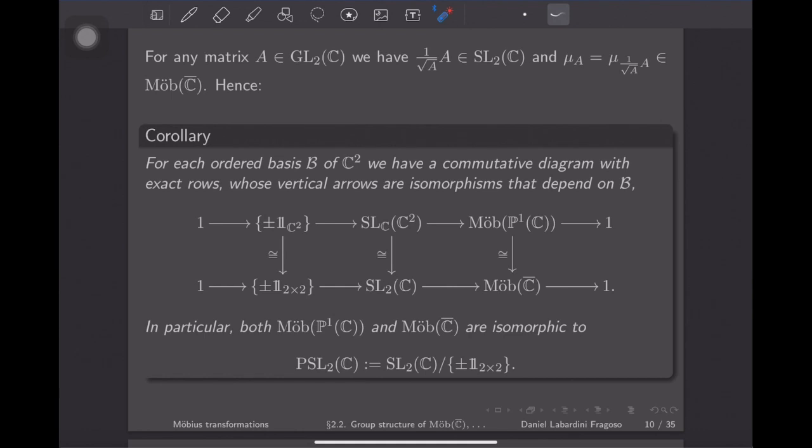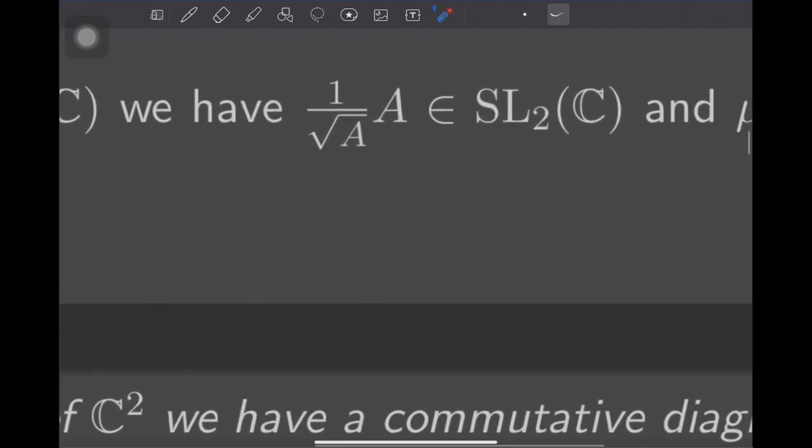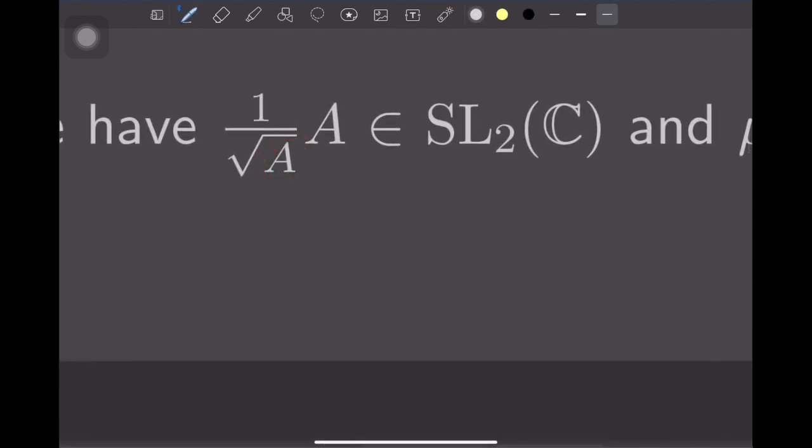And the question I'm asking here in particular is: is it possible to obtain any Möbius transformation here with a matrix of determinant 1? Right? Not an arbitrary matrix, but with the specific property of having determinant 1. And the answer is going to be yes. Right? So if you take a 2 by 2 complex matrix, of course, yeah, here I should have written the determinant. Sorry. So here is the determinant.